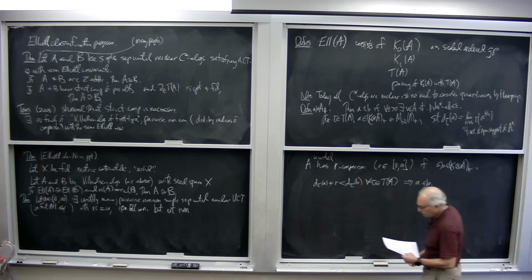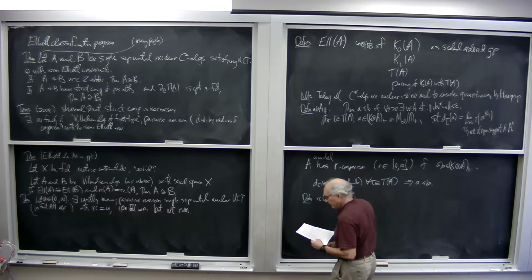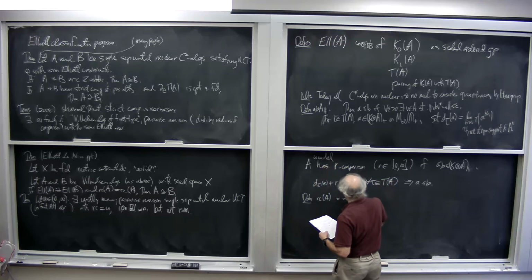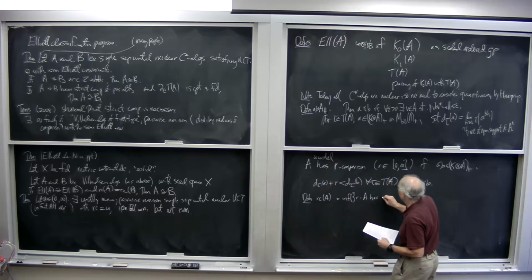And then we will say, definition, RC of A is the infimum of the set of r such that A has r-comparison.